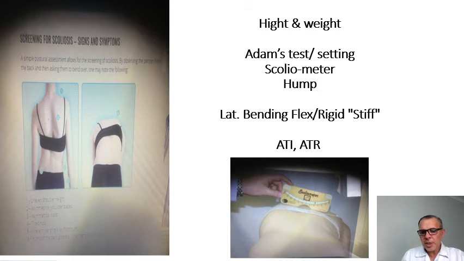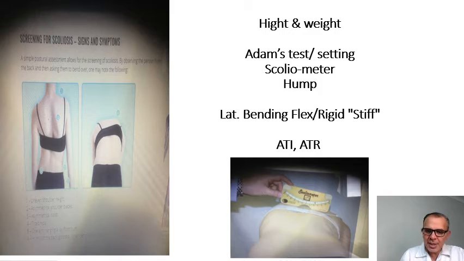Then we check on the hump. We look at the hump, we locate the hump, we touch the hump in different rotation movements for the patient, lateral bending, forward bending. We see the nature of the hump. Is it a solid hump? Is it a retractable hump? Does it go away? Does it stay?